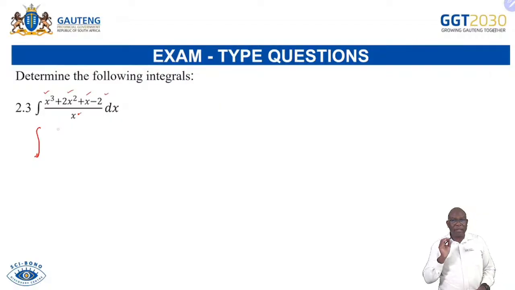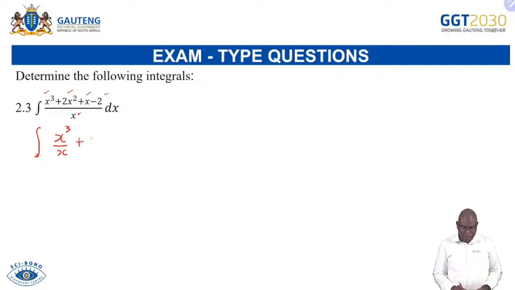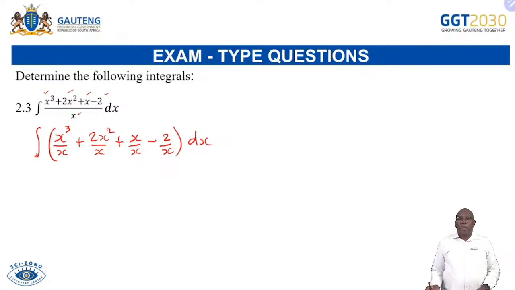Then each and every term will be divided by x. So I'm going to say x cubed all over x plus 2x squared all over x plus x all over x minus 2 over x. Then the whole thing there is yet to be integrated.